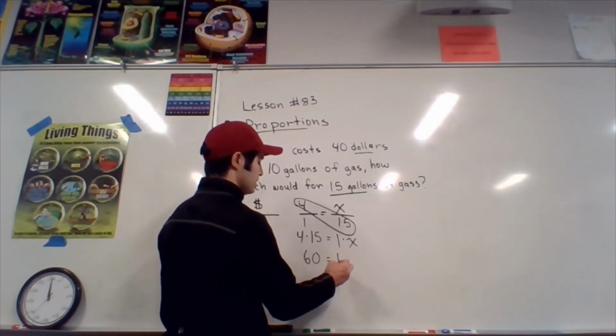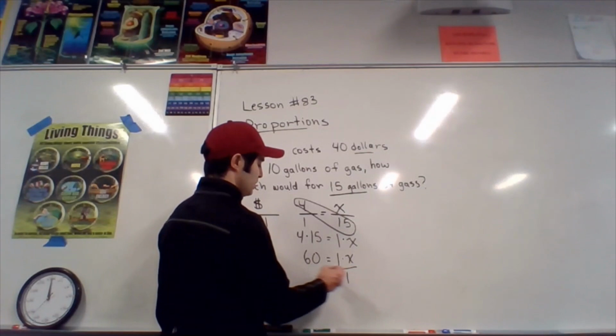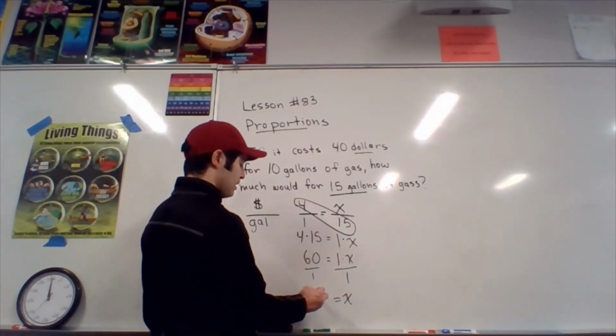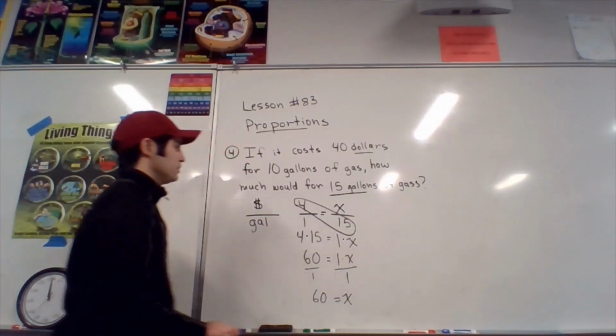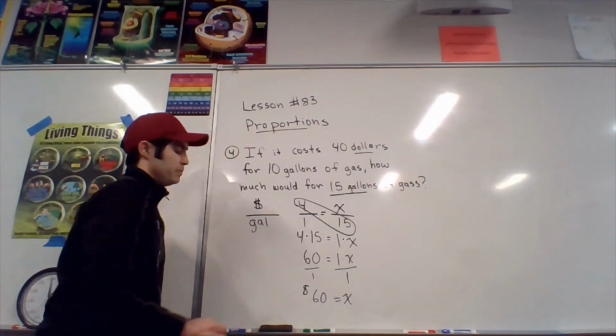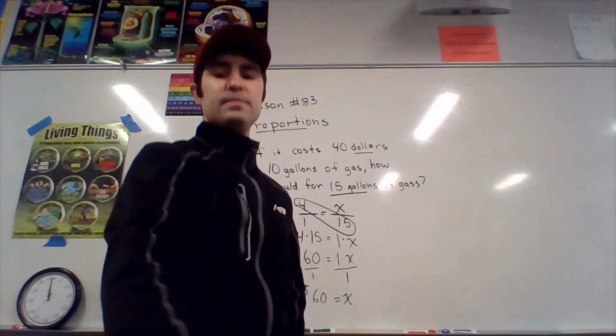And 1 times X. Divide both sides by 1. X is going to be equal to 60 divided by 1, which is 60. So that is going to cost you $60 for 15 gallons of gas.